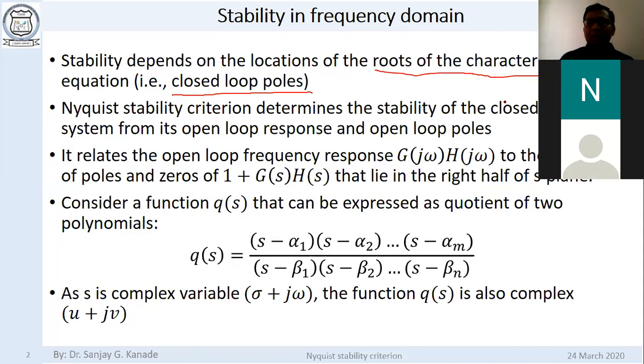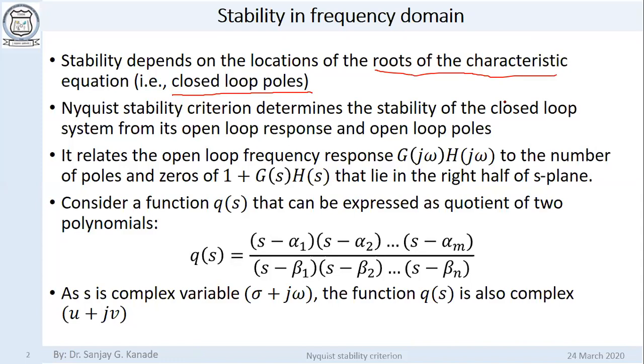Now the Nyquist stability criterion also determines the stability of the closed loop system from its open loop response and open loop poles.